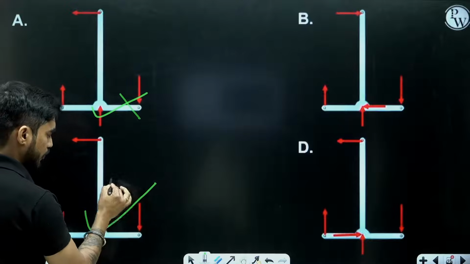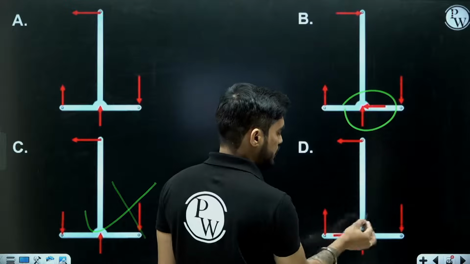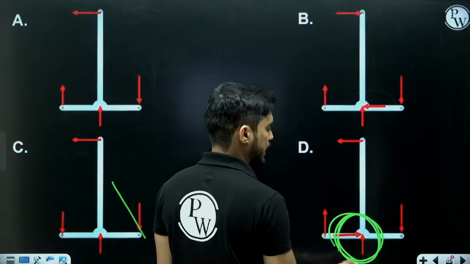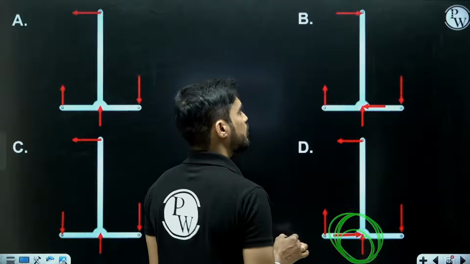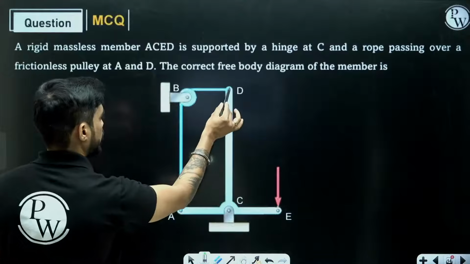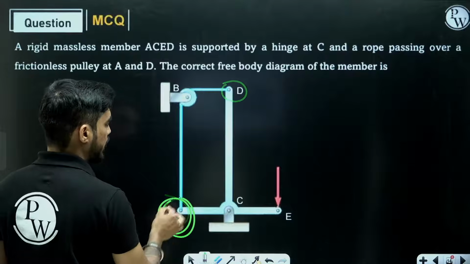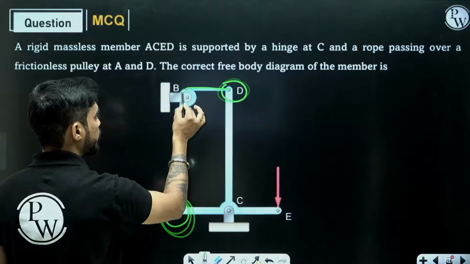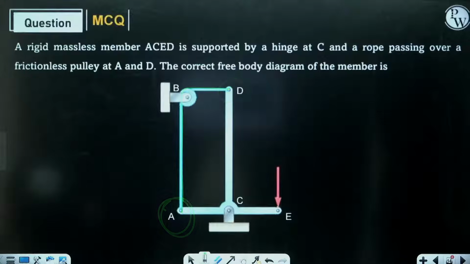This will not be the free body diagram. It can be this or this. Both are correct. Okay. But what about this and this point? These 2 points are connected to the rope. Now I told you that the rope can be subjected to only tension. It cannot be subjected to compression.